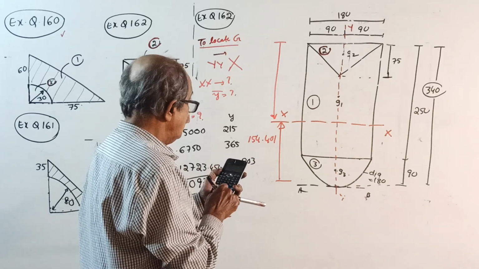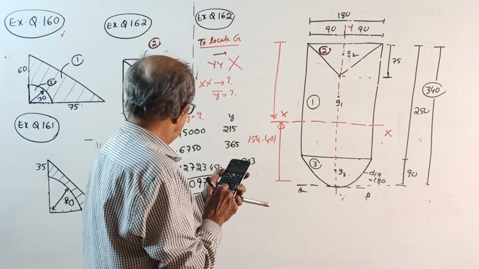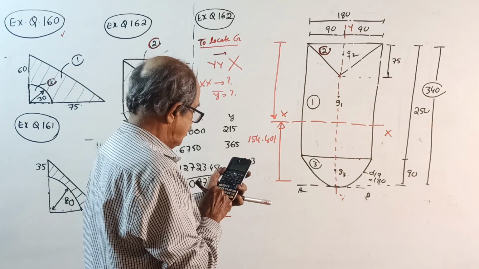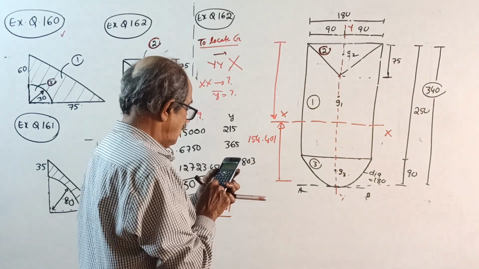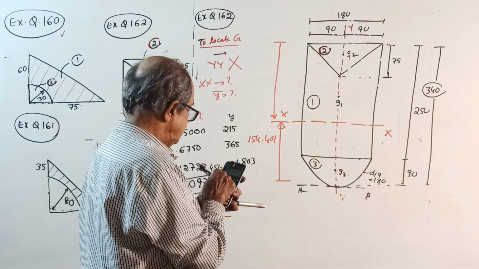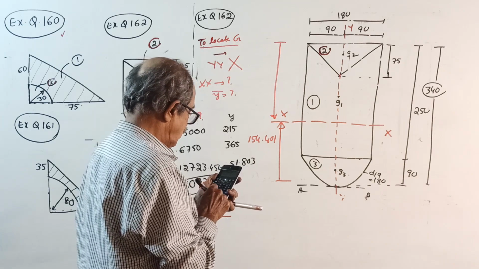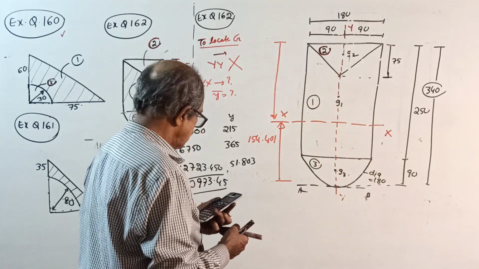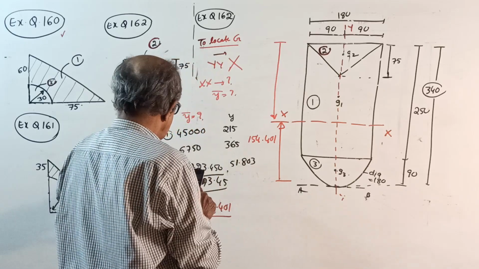Minus 6750 into 25 plus 45,000 into 125 plus 12723.45 into bracket 250 plus 2 into 180 divided by 3 pi, divided by 50973.45. I am getting 178 point something, wrong. 178, wrong, not possible. I'll check this calculation once again.